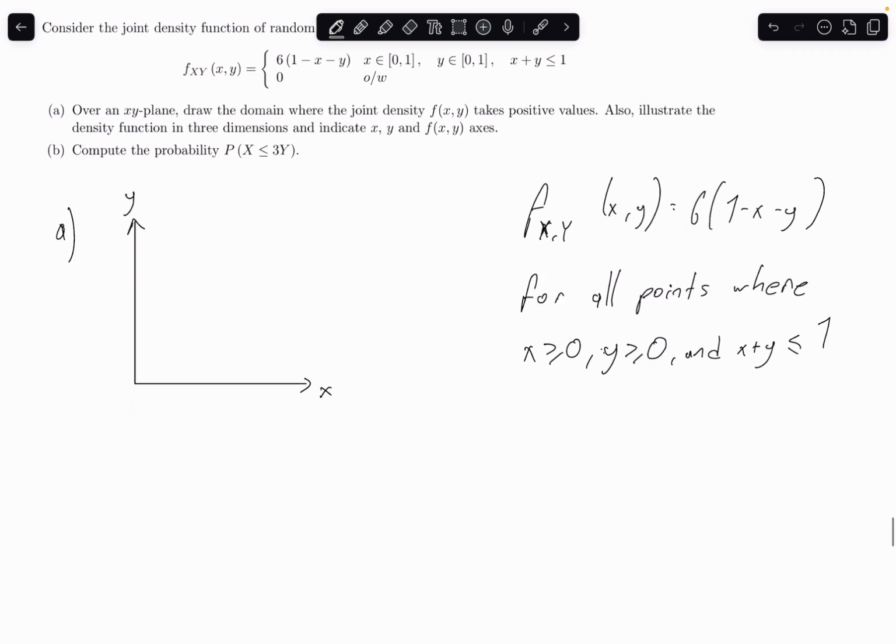So that's why the corners must be 0,0, 1,0, and 0,1. So this is 1,0, this is 0,1, and the region is this part.